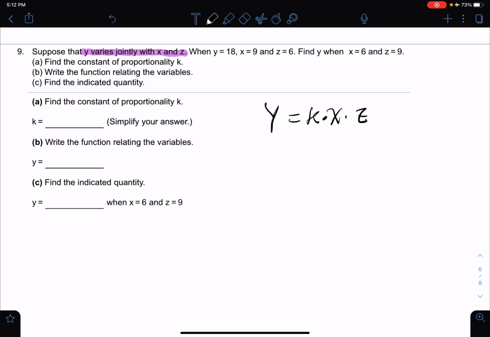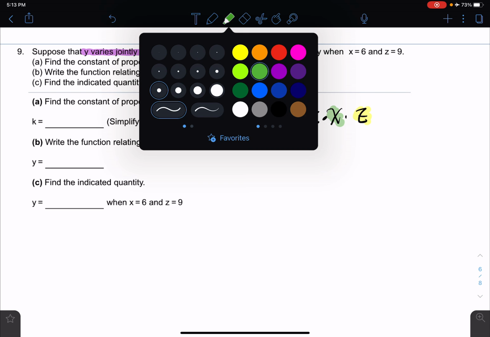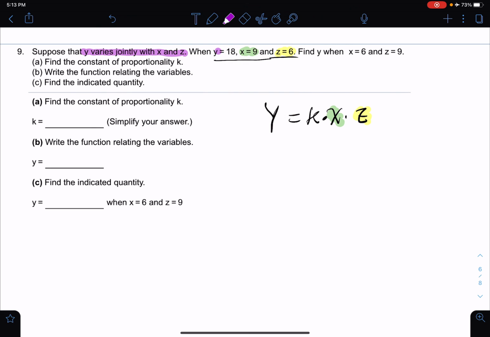Find the constant of proportionality, no problem, because look what they give us. They give us y, x, and z. I've got a z that has to go there, a green 9 for x that has to go there, and a purple 18 which has to go there, y.